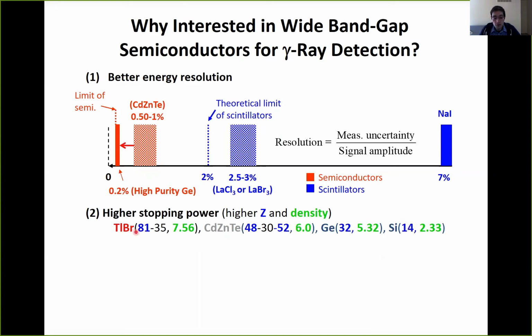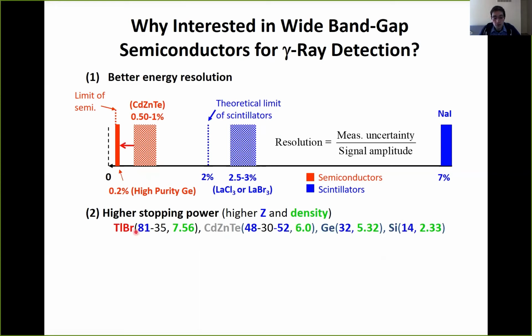They have very small band gaps. So that means that if you operate at room temperature, the excitations due to thermal reasons elevate electrons to the conduction band pretty easily, and therefore there's a lot of noise associated with this detector if it operates at room temperature. But if we have a wide bandgap semiconductor like CdZnTe, we can actually operate it at room temperature, and this is the basics of our research group.